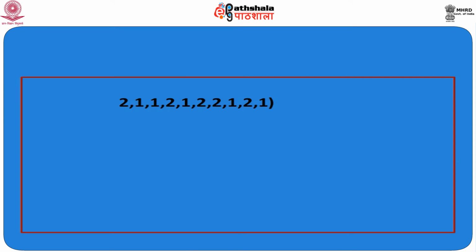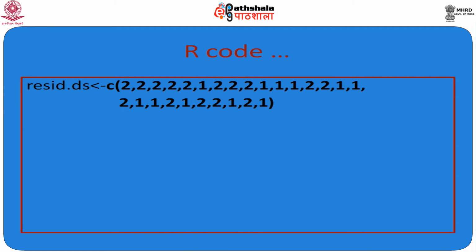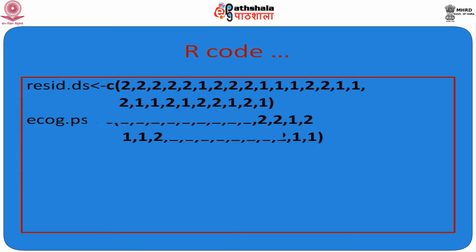Second, residual disease status as yes or no is given, as residual disease is one of the important factors for survival analysis. So residual disease is given as 1 for no and 2 for present. ECOG.PS is also given as 1 and 2, the performance score of those patients.